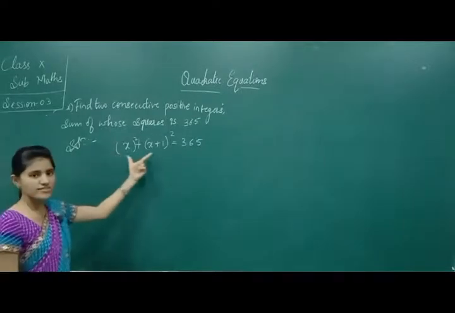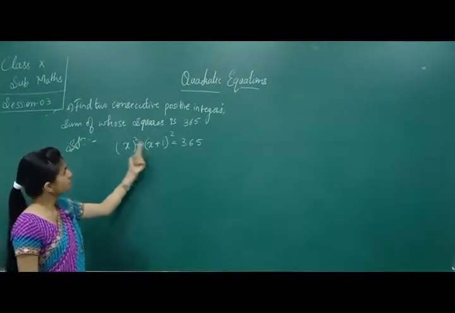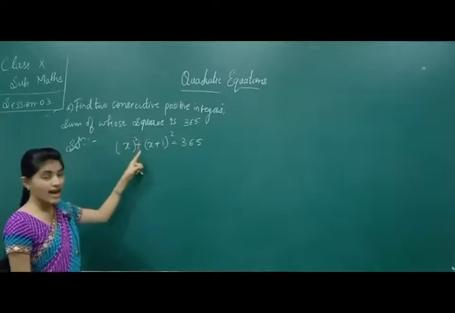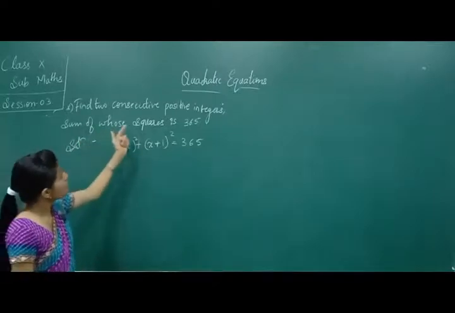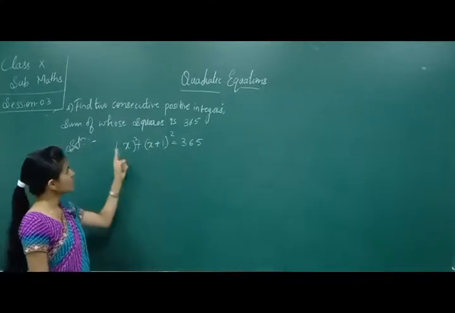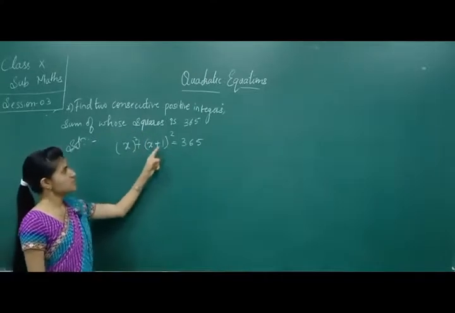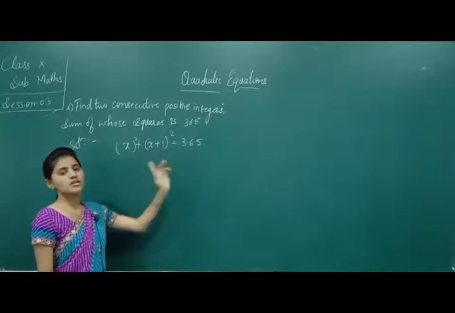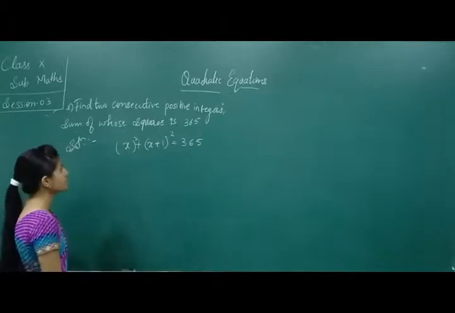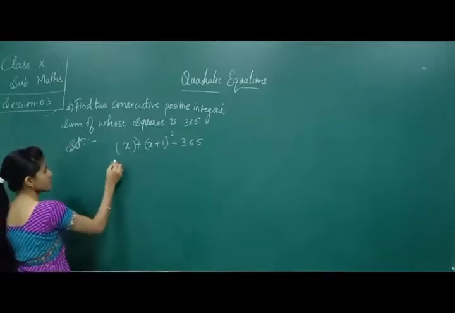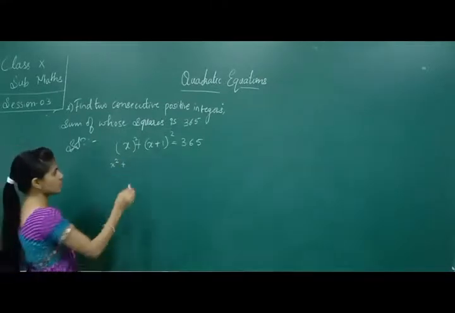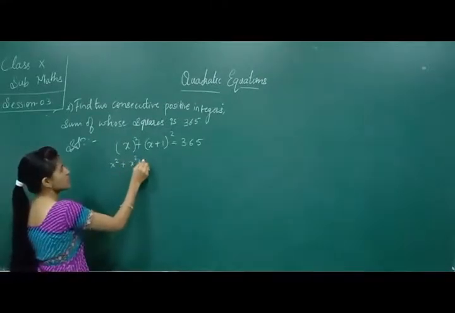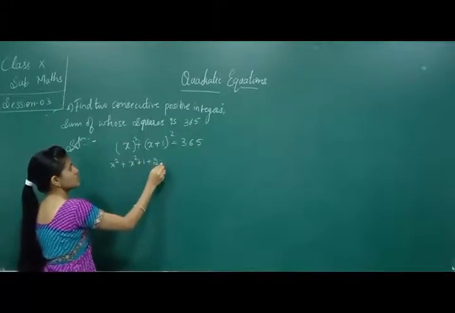Two consecutive integers, that is x and x plus 1. They said sum, that is why I added. But what they actually meant was the sum of whose squares, that is why x square plus x plus 1 whole square will be equal to 365. So how am I going to write it? x plus 1 whole square is nothing but x square plus 1 plus 2x.